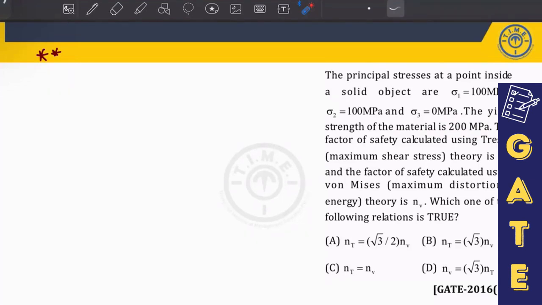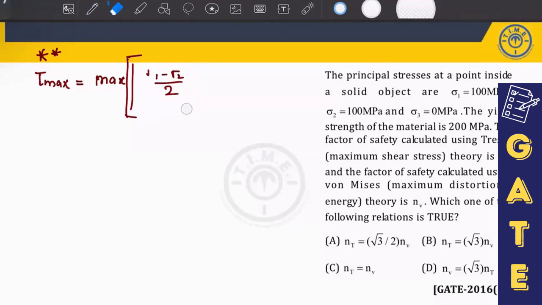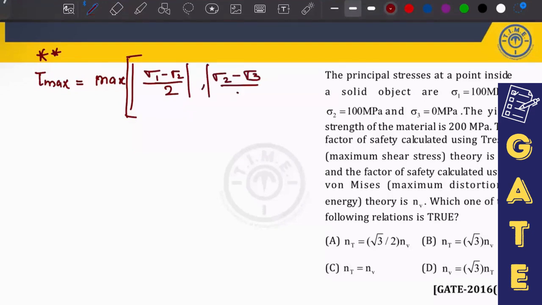Okay. Now what you will do, first of all, you will calculate the maximum value of shear stress, which is nothing but the largest of |sigma 1 minus sigma 2|/2, |sigma 2 minus sigma 3|/2, |sigma 3 minus sigma 1|/2. Okay, these are all in mod.